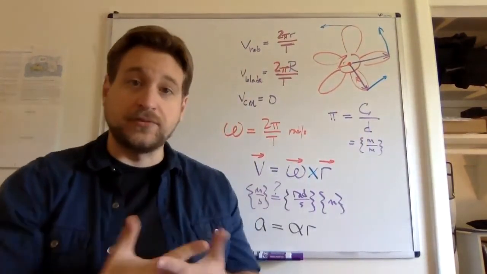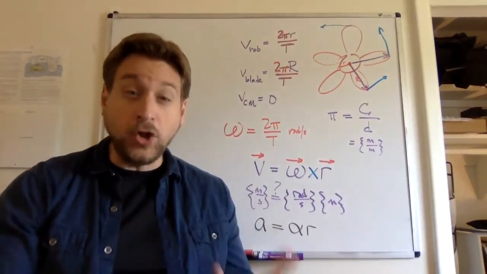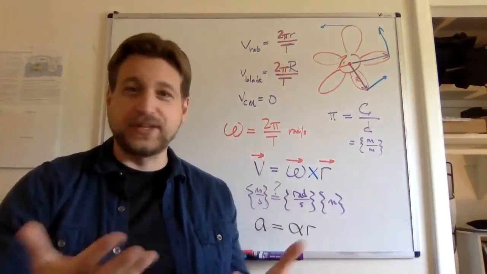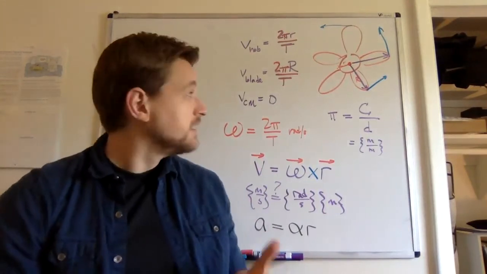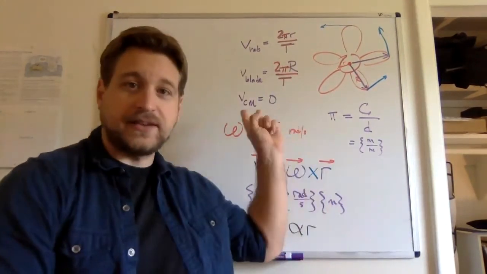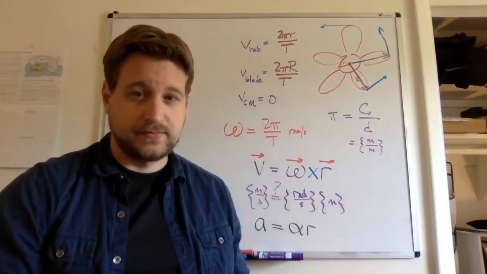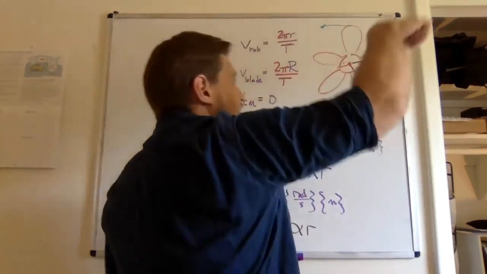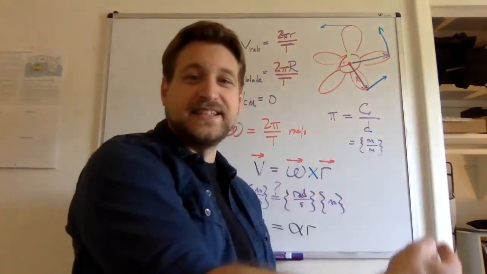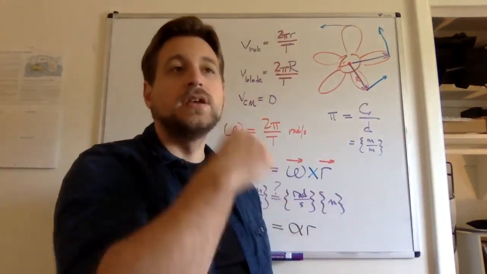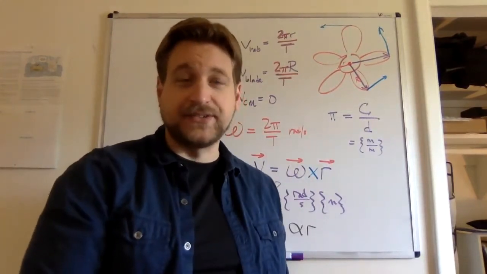If we're going to talk about rotation in an XY plane, and I think there's no reason that we shouldn't talk about rotation always in the XY plane, because we can always draw the coordinate system however we need to so that it works out that way, then clockwise rotation gets us an omega that points in the negative Z direction. Counterclockwise rotation gets us an omega that points in the positive Z direction.